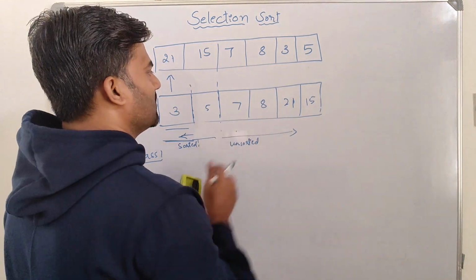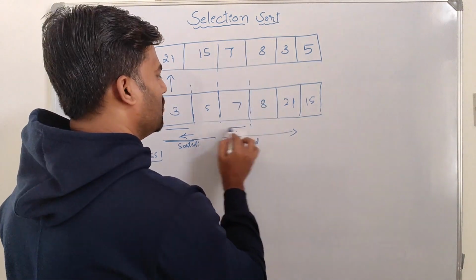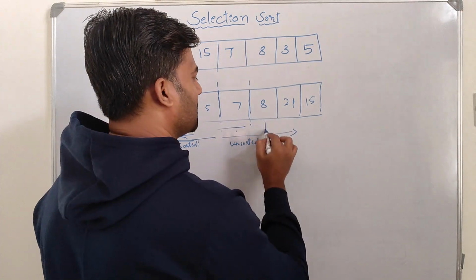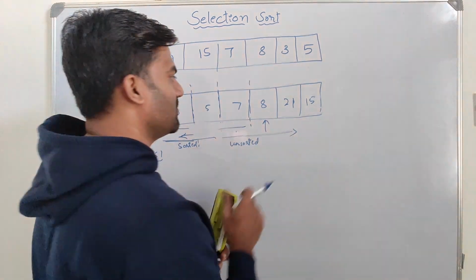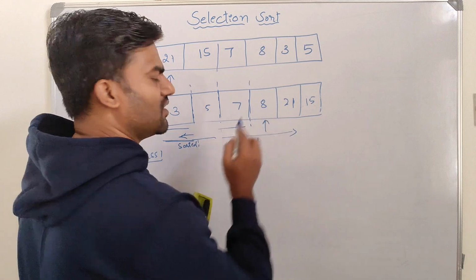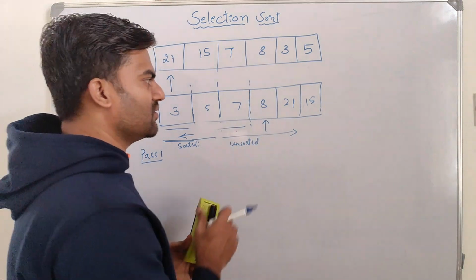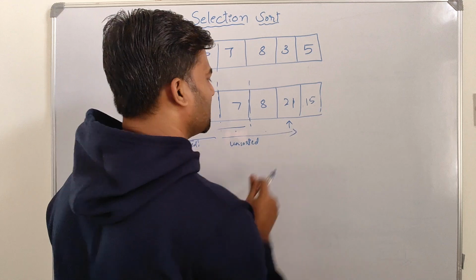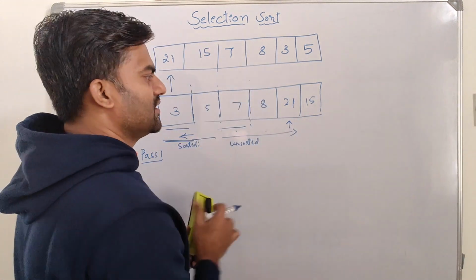Then this block is sorted, this is unsorted. Now again I will keep the pointer here and search for the minimum number. This is already the minimum number, so there is no need to swap. I will move the pointer to the next index.